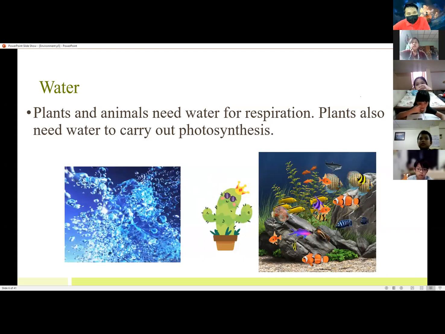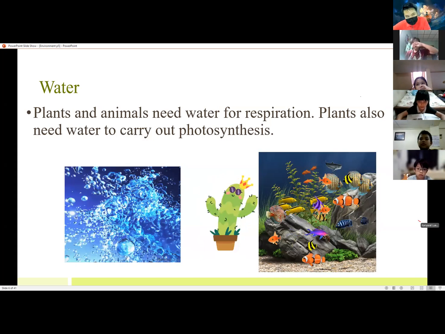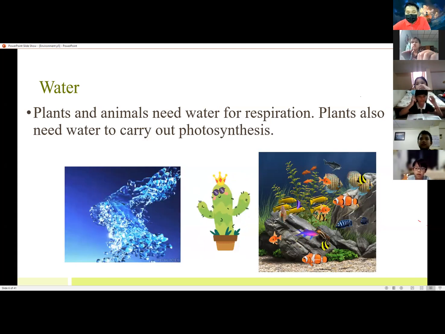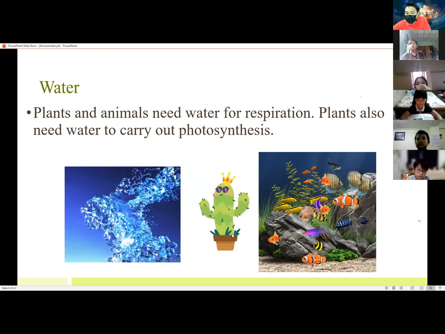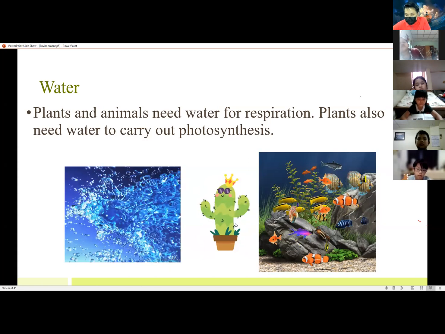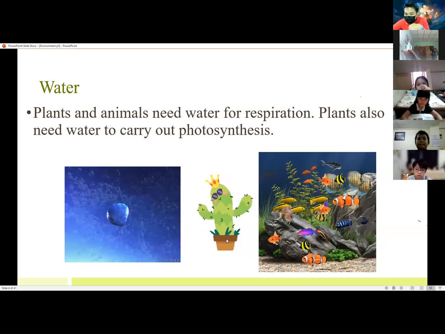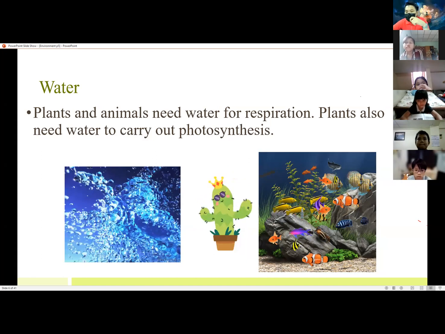Okay. Because cactus can store water inside their body. And the roots of the cactus go very deep until they touch the water.